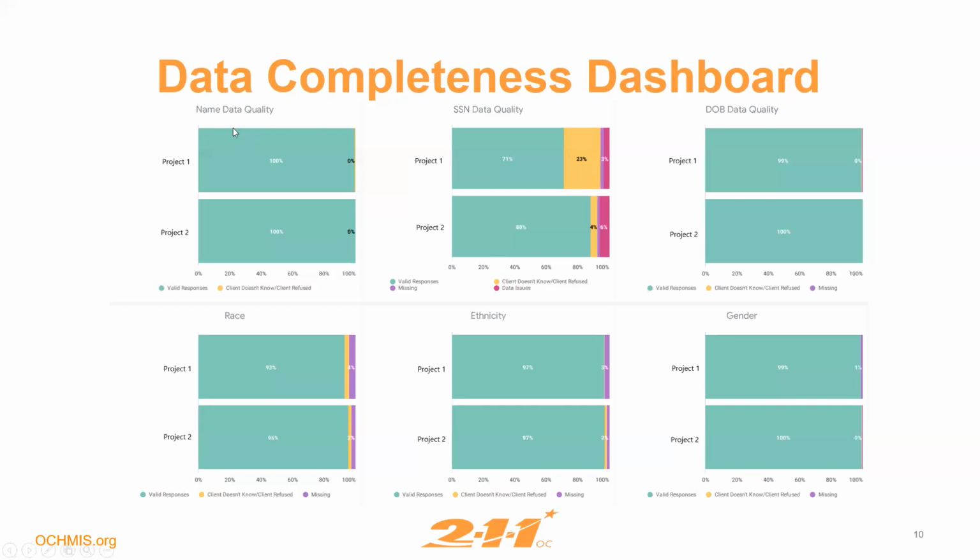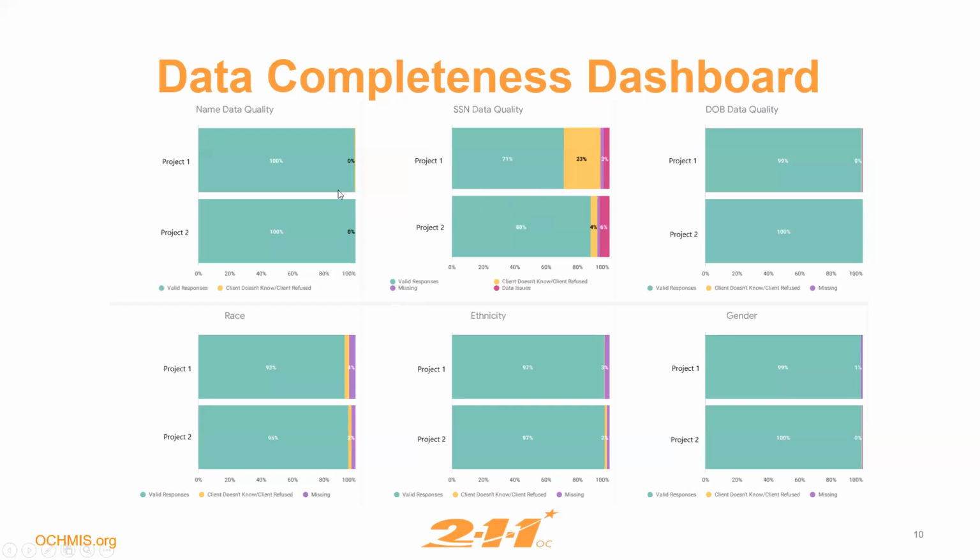So you'll have each data element across the top in the title, and then you'll have a bar for each project, and the greenish teal color means that the data entered was valid, a valid response. If the client answered client doesn't know or client refused, it will be in yellow. If the data is missing, it will be in purple.